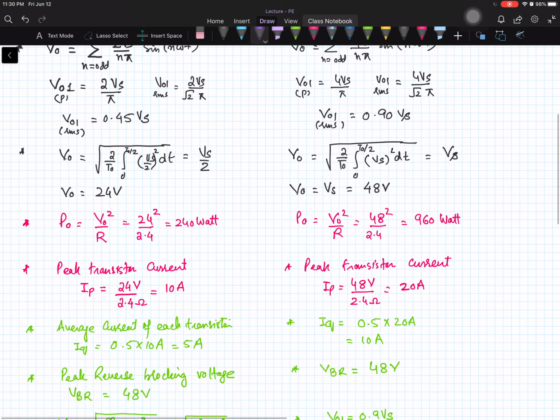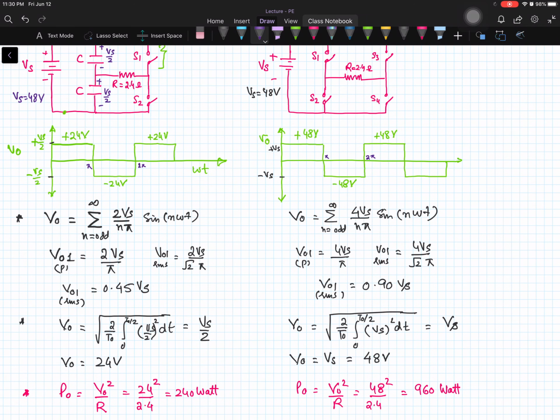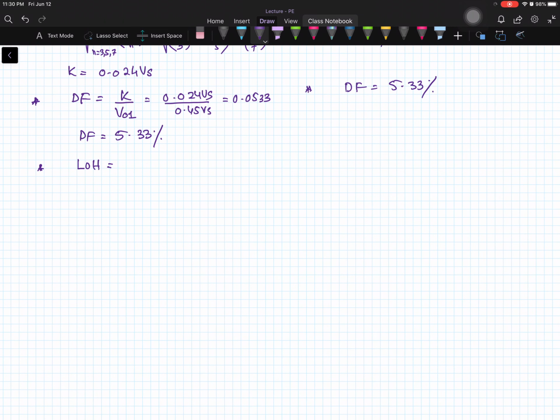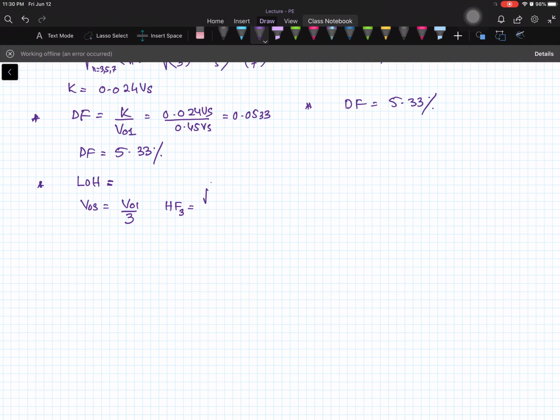The Fourier series expression for the waveform is known to us. So in both cases, if we calculate the magnitude of the third harmonic, that will be V01 by 3, right? If we look at it in terms of percentage, this harmonic factor for the third harmonic, V03 divided by V01, comes out to be 33.33%.